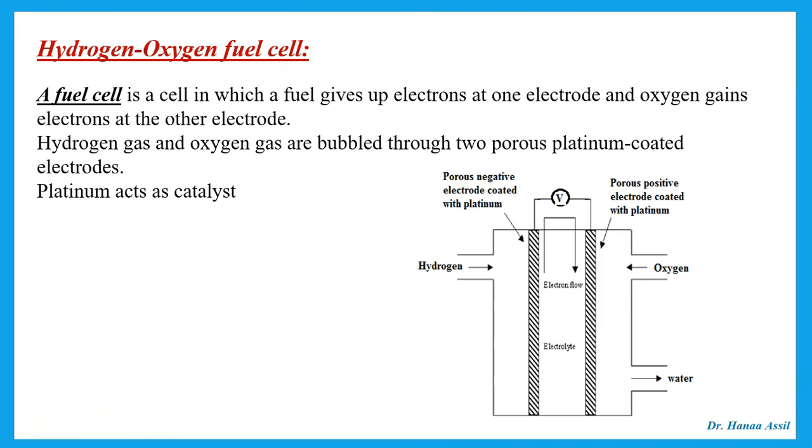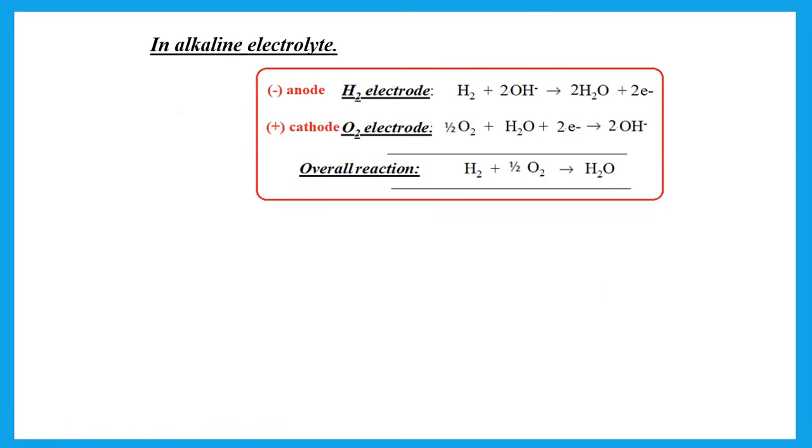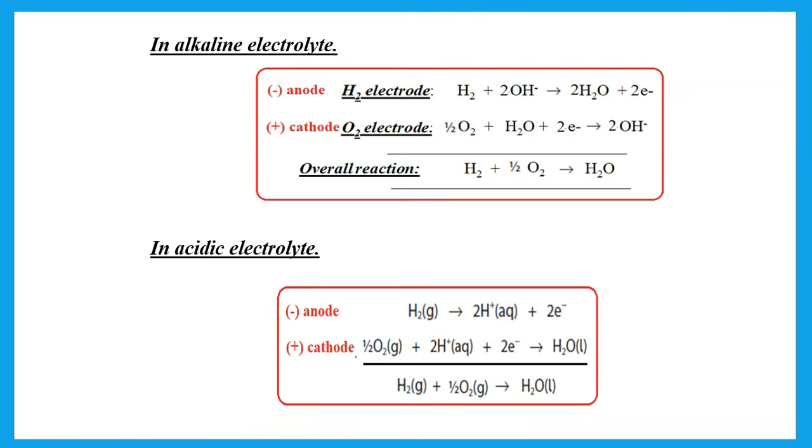In here, the platinum is an electrode and it acts as a catalyst. We need to know the equations that happen in an alkaline electrolyte and in an acidic electrolyte. In both cases, the overall reaction is hydrogen plus oxygen to give water.